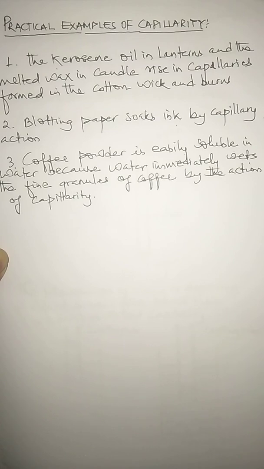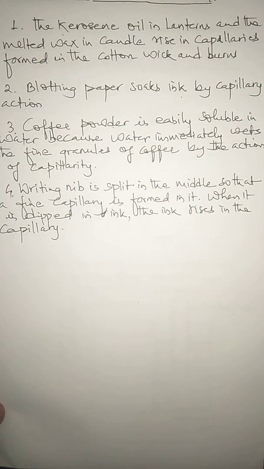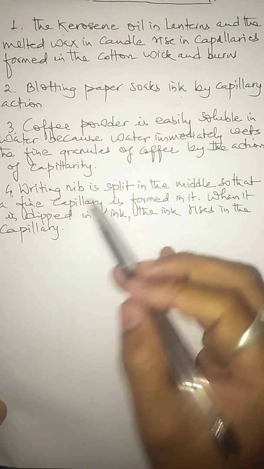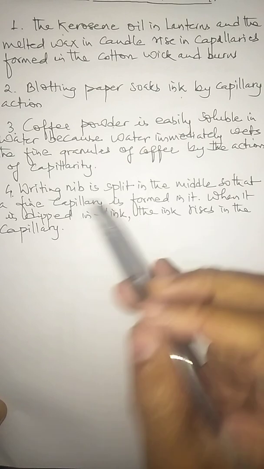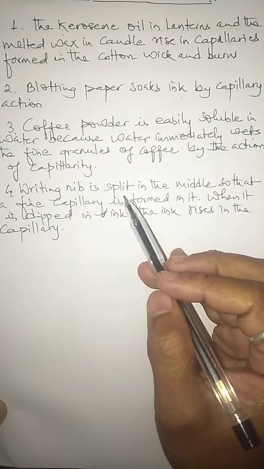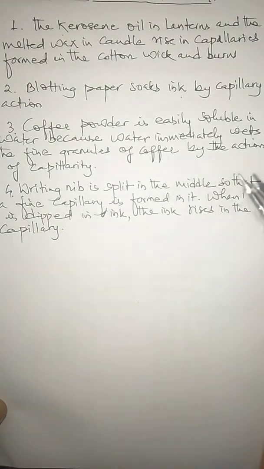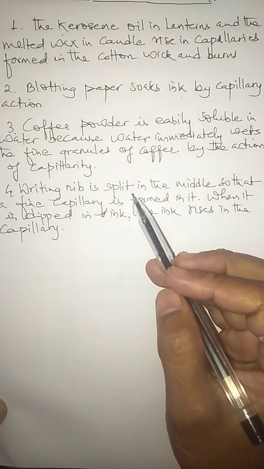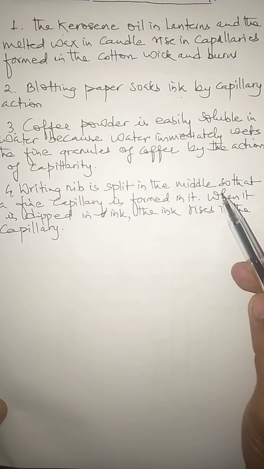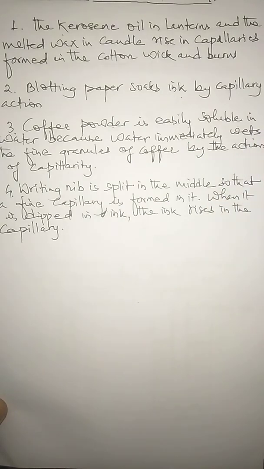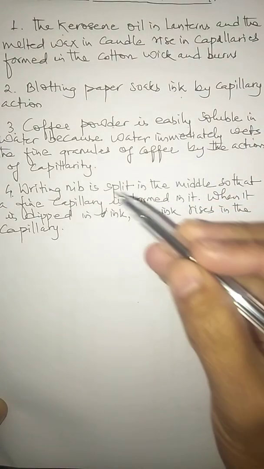Now the next example, number 4, is also due to capillarities, and this is basically with the writing nib. If you see the writing nib, there is always a split part, at the middle. Why is the writing nib split in the middle? So that a fine capillary is formed between the split parts of the nib.